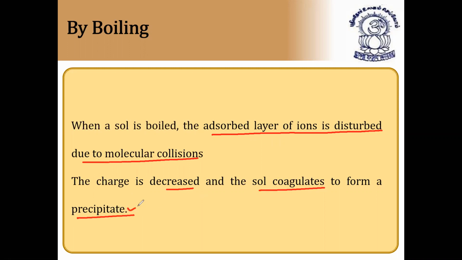Nothing but to become a precipitate, that is, colloidal particles become suspension particles. That is called coagulation. So by boiling also we can do precipitation, because when the salt is boiled, the adsorbed layer of ions is disturbed due to molecular collisions, due to which it loses its charge by becoming neutral. I hope it is clear.